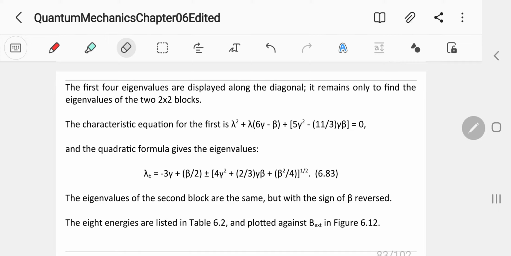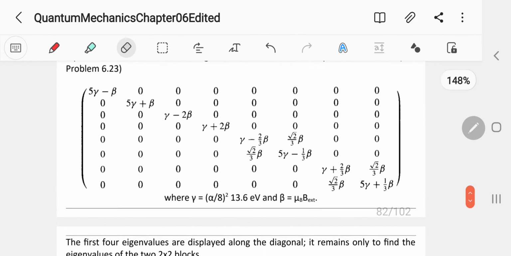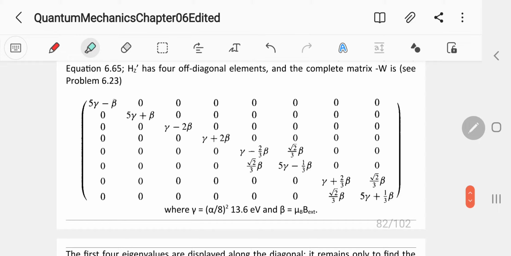The first 4 eigenvalues are displayed along the diagonal, as you can see in the matrix here. So these are already the eigenvalues. You don't have to get the characteristic equation of this part here. You only have to get the characteristic equation here, so that you'll be able to diagonalize the matrix, and also this part here.